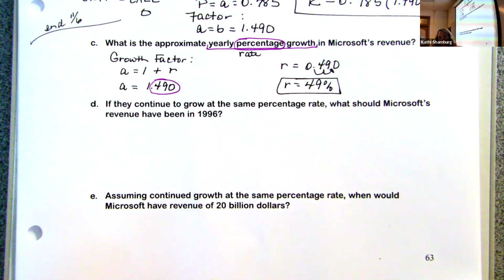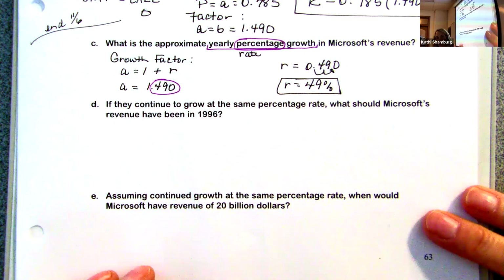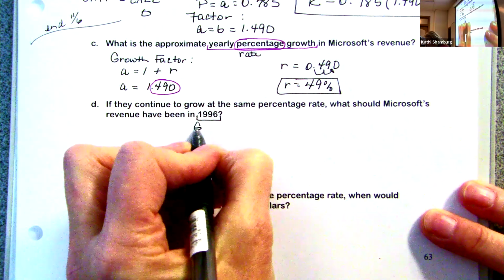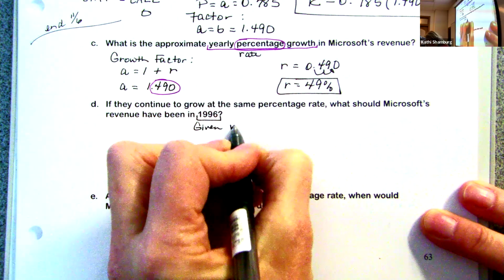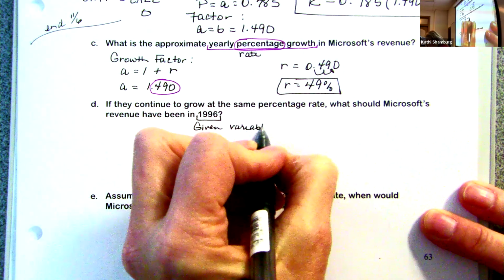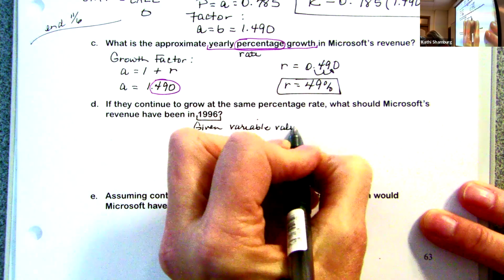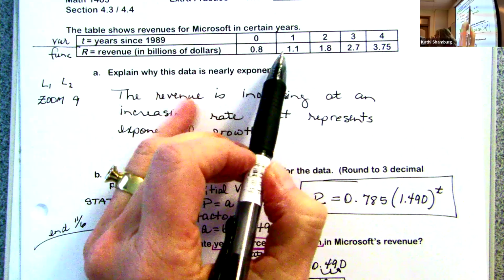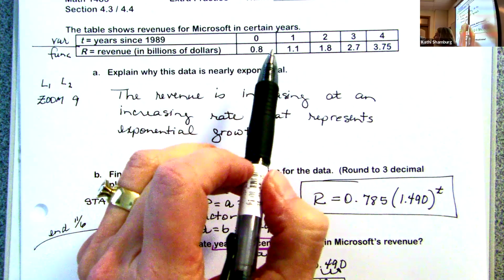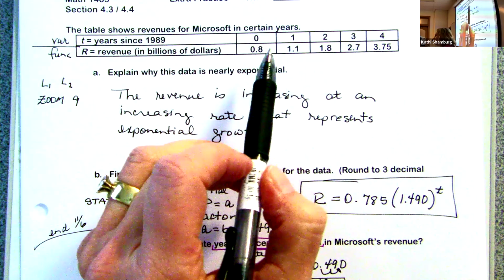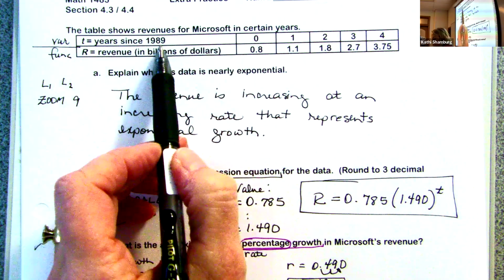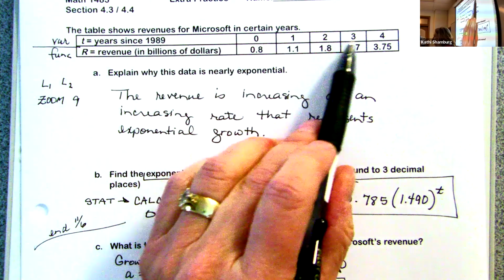If they continue to grow at the same percentage rate, what should Microsoft's revenue have been in 1996? Okay, what's given? Look at the top if you don't remember. Now, I just want to remind you, since we're talking about years, whether it be notes, WebAssign, quiz, or test, be careful, because this one says years since 1989 and they just gave us 0, 1, 2, 3, 4.